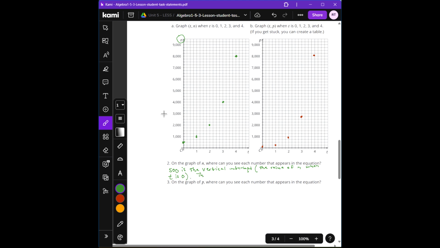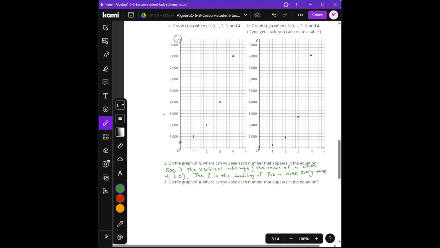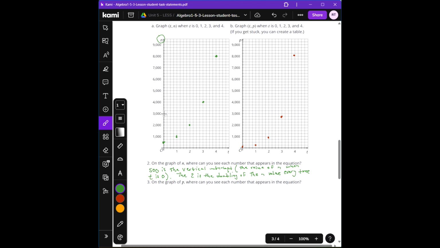The 2 is the doubling of the n value every time t increases.